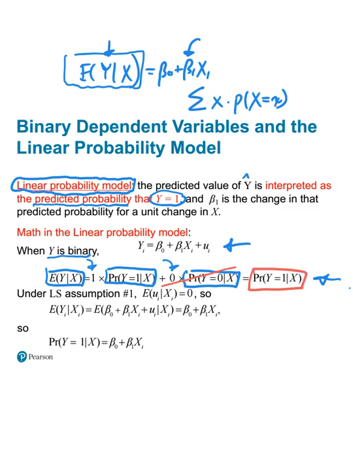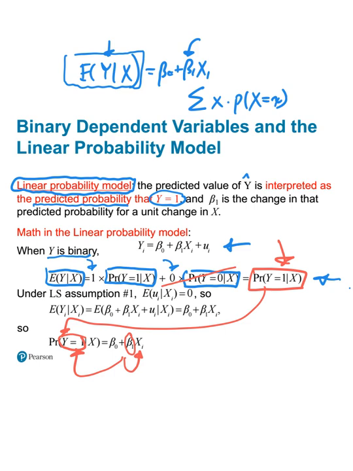So the expected value of y given x is the probability that y is equal to 1. Translating that, when we look at our beta 1 coefficient, we're seeing the degree to which this independent variable is going to increase the likelihood that our dependent variable actually is 1.